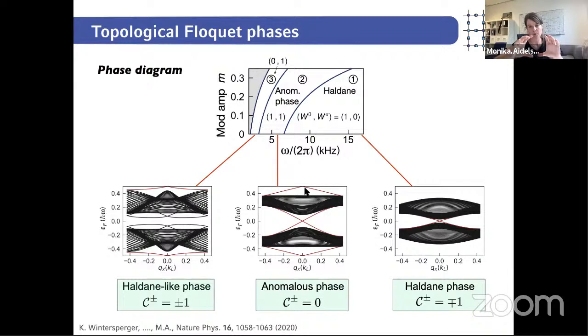If you have a small modulation frequency, you start mixing the bands with each other. So you open small gaps or avoided crossings between states within one band. So this gives you a more complicated band structure. And here the spacing between the different topological phase transitions will become smaller and smaller. So there's a series of phase transitions that happens as you move more and more copies into each other.